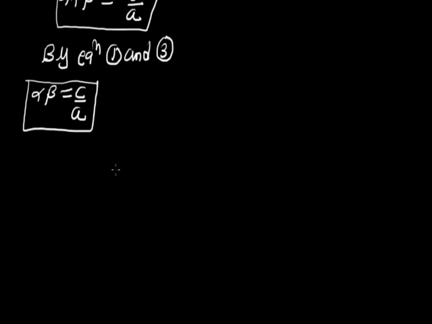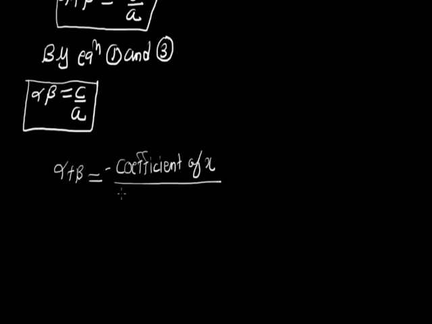Okay, so from here we have got two very important results: one is the sum of the roots and the second is the product. Alpha plus beta can be written as minus coefficient of x divided by coefficient of x square.